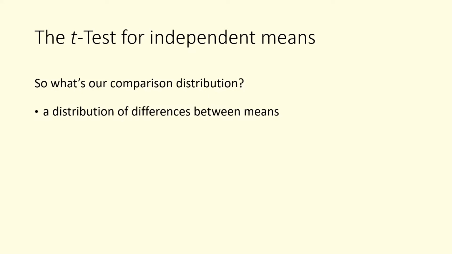In theory, the idea here is that we have randomly selected one mean from the distribution of means of each of our two populations, one for each of our groups. Then we subtract the random mean we picked from the second distribution from the random mean we picked from the first distribution.